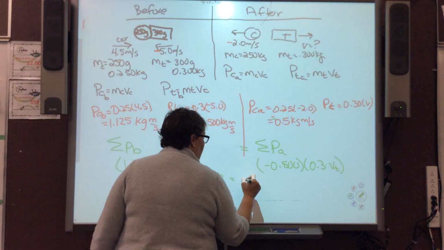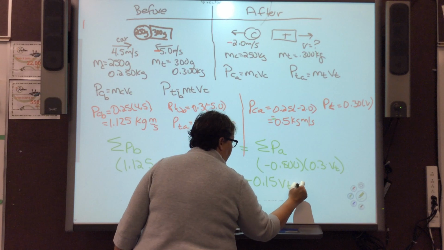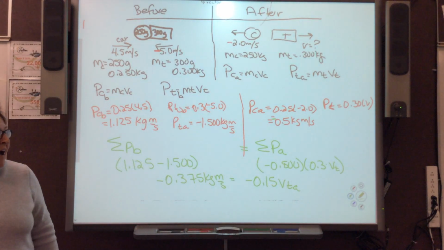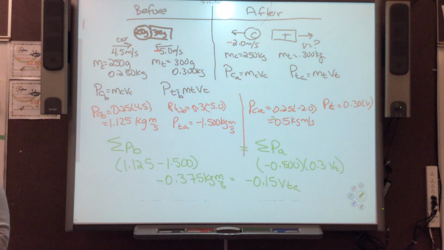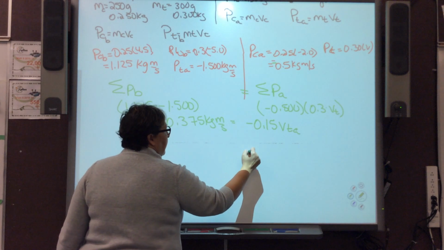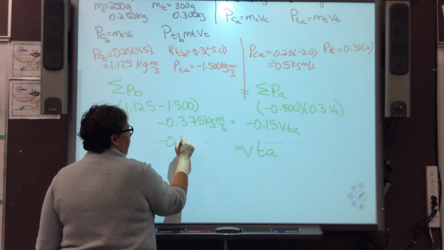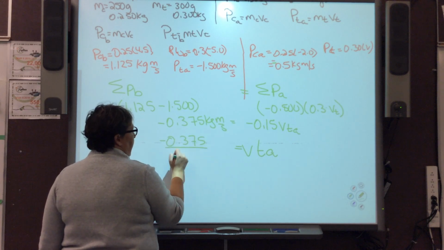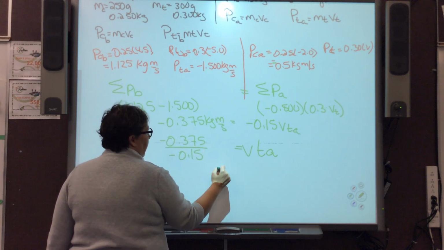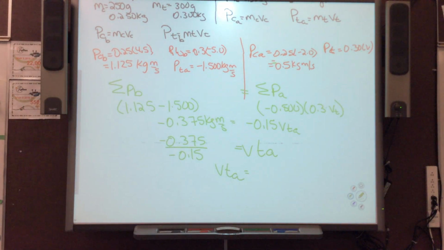So the momentum after is 0.15 times the velocity of the truck after. And since that's what we're looking for, what do we get for a value?